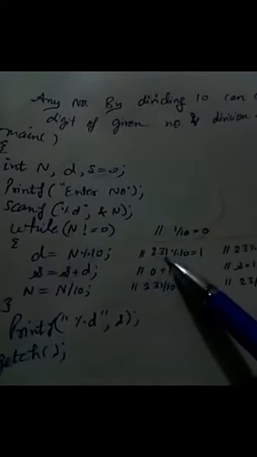So just look at what will happen. Suppose the number is 231. At first run, 231 mod 10, what will be equal to it? 1. So I will simply store the d value 1 in the s variable. s was initially equal to 0, so 0 plus 1 is equal to 1.